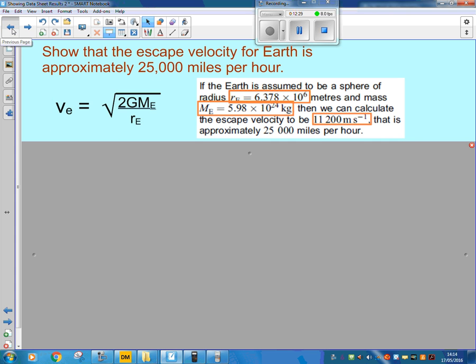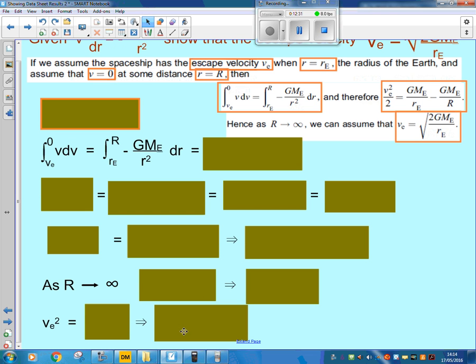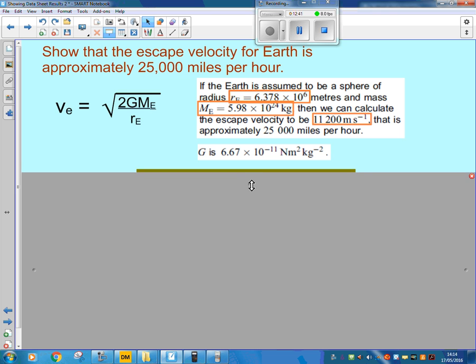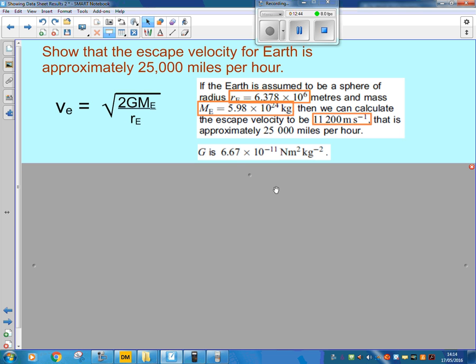From the previous page, we found out that VE was the square root of 2GME over RE. So we start with that position. Let's now put in the information you've got, but you'll also need to know the constant capital G, and that's earlier in the data sheet.